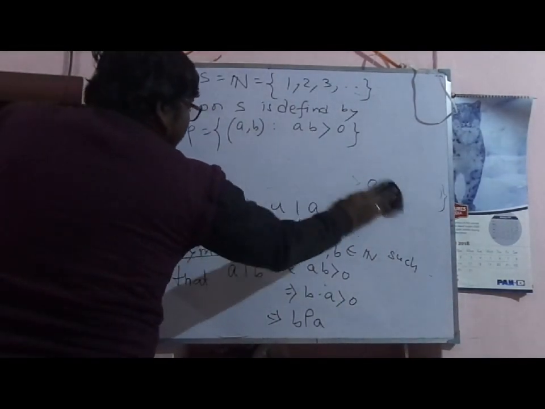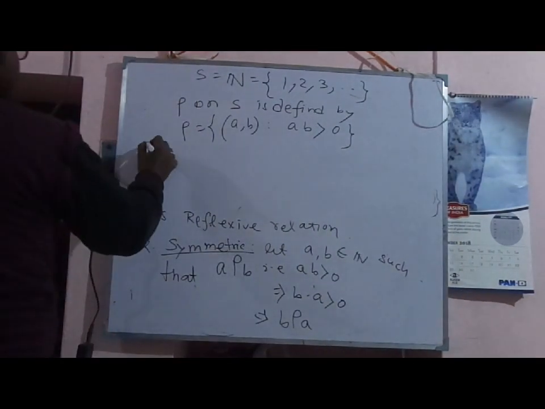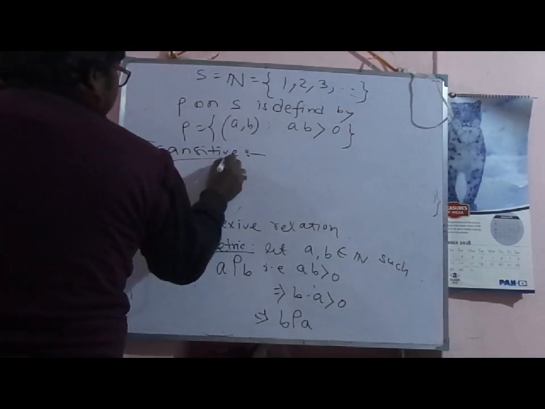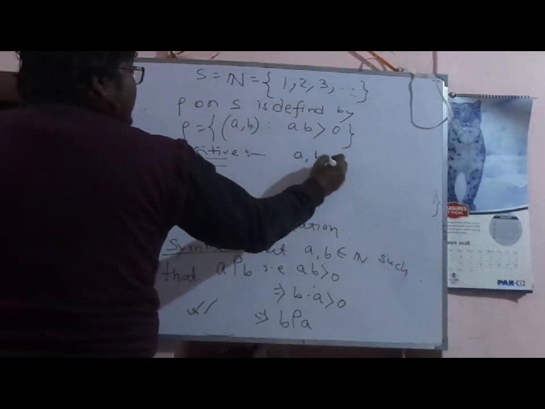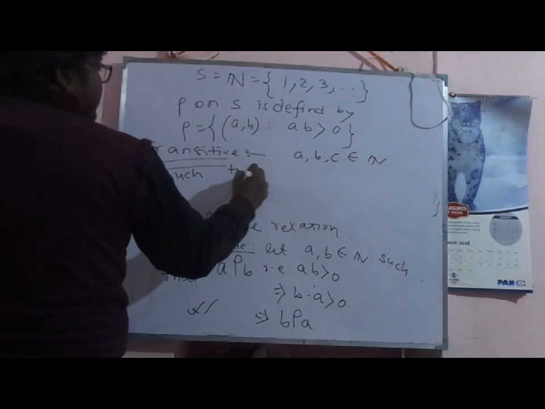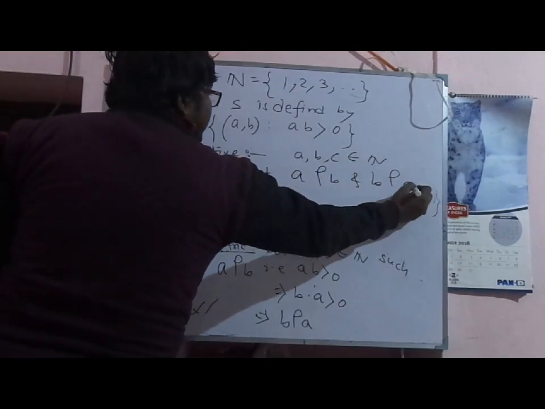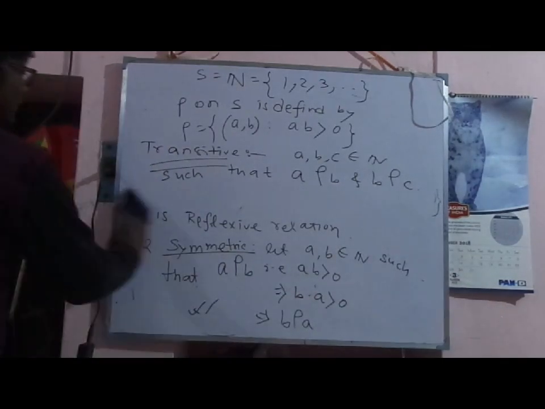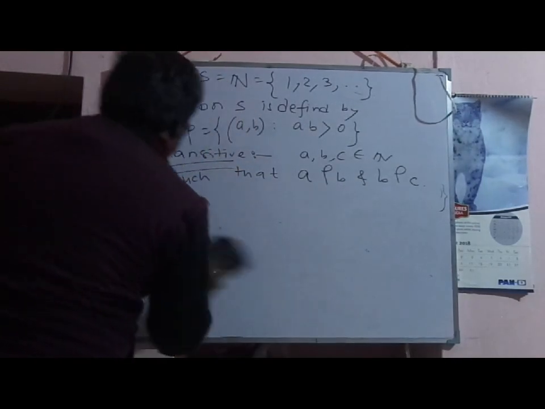Now, I discuss the transitivity. For this, I take three elements a, b, c in N such that a is related with b and b is related with c. Now I have to check whether a is related with c or not.